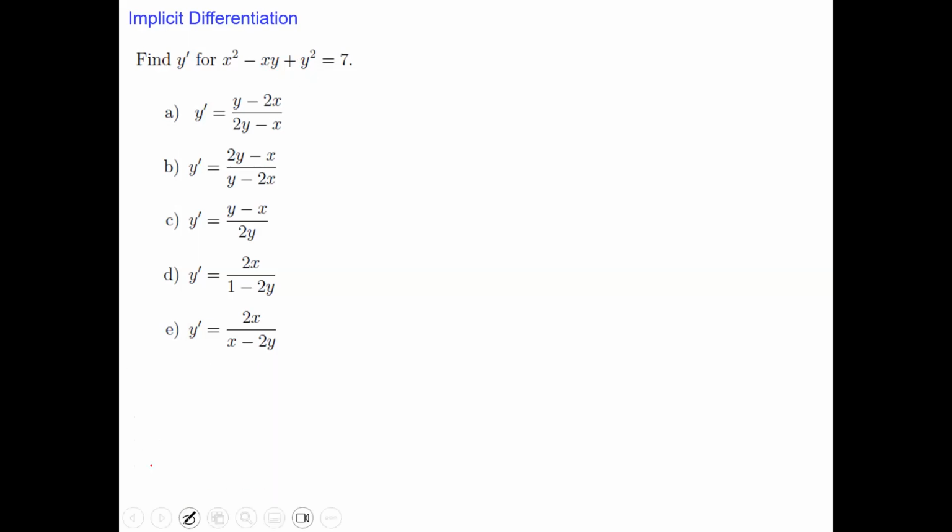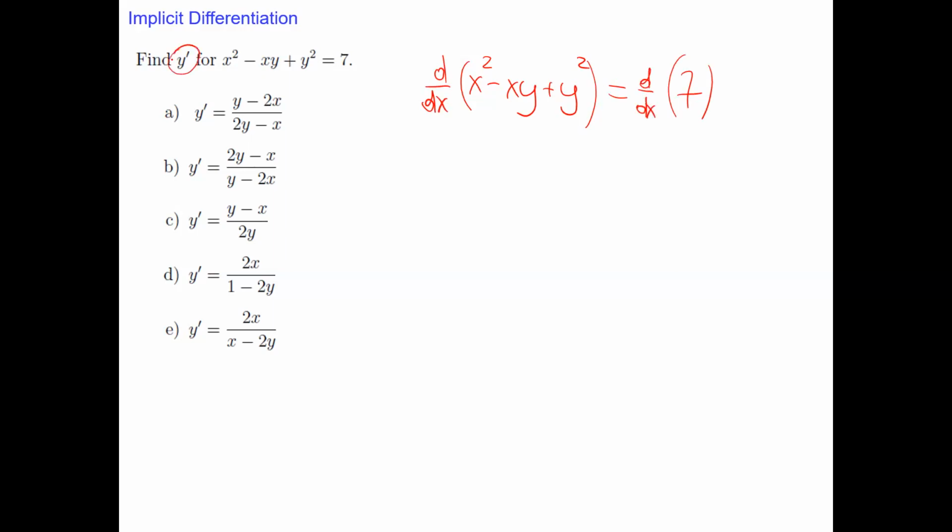We will just take the equation like it is, x squared minus xy plus y squared equals 7, and we will differentiate with respect to x both sides. We remember that y is a function of x. Okay, derivative of x squared is 2x minus. Now we have product x times y.